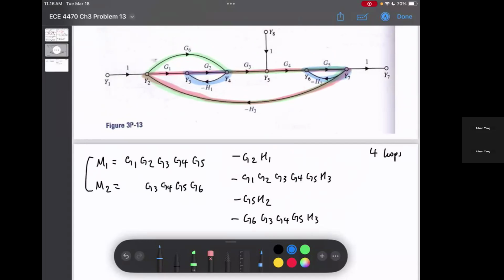So for the G2 to H1, that would go through nodes Y3 and Y4. Then G1 all the way through G5 and H3, that would be Y2, Y3, Y4, Y5, Y6, and Y7.